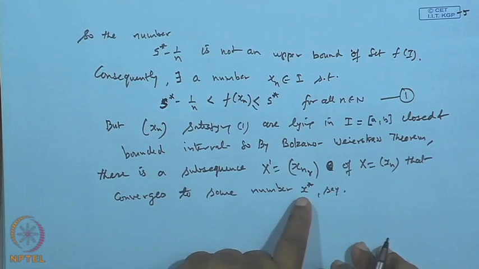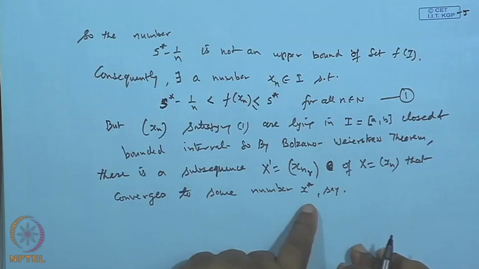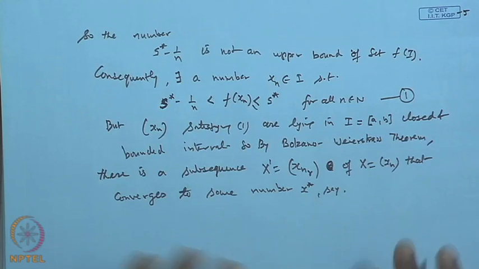Okay. Now, we want this number which we have got to be a point of [a, b]. This we want to show first.